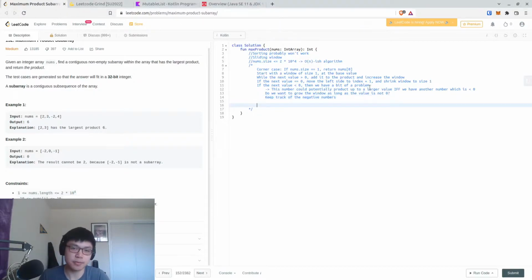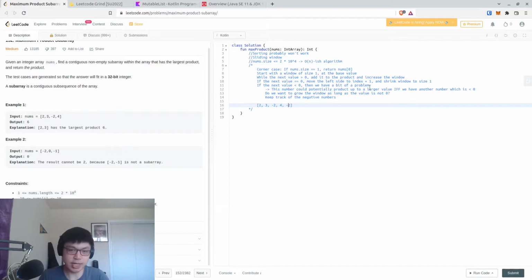Let's see. If we had like a 2, 3, -2, 4, 2, how would we deal with this? We start here with 2, then we grow here to 6. We see this -2. We can choose to disregard it and continue on and grab this 8.